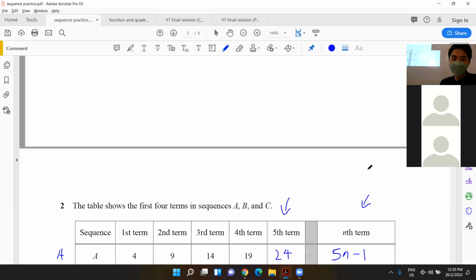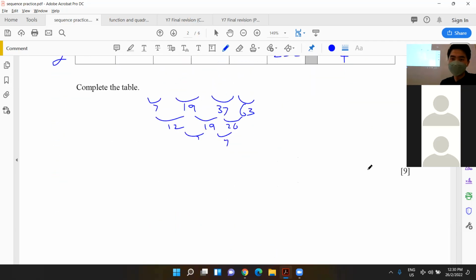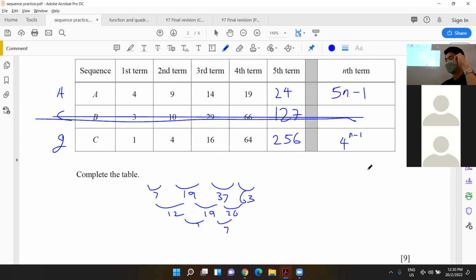If you guys are done with this first part here, you can do the next part yourself. Anybody has any questions, don't understand the answer, can let me know.